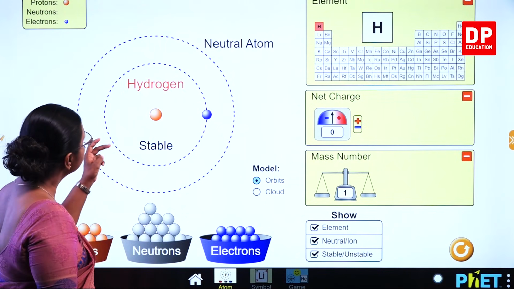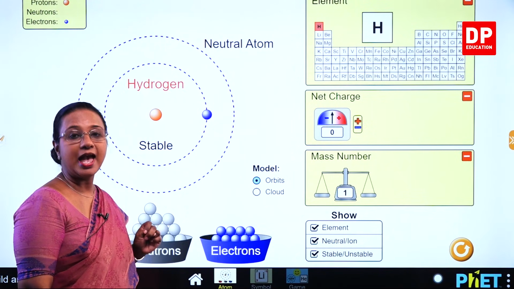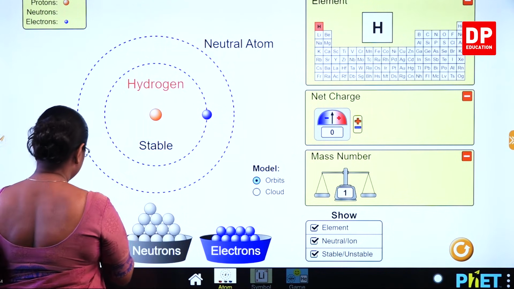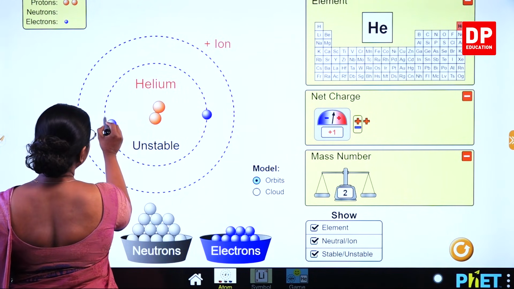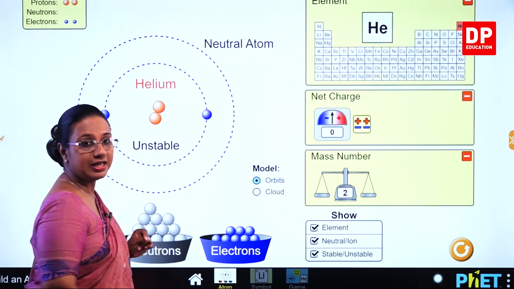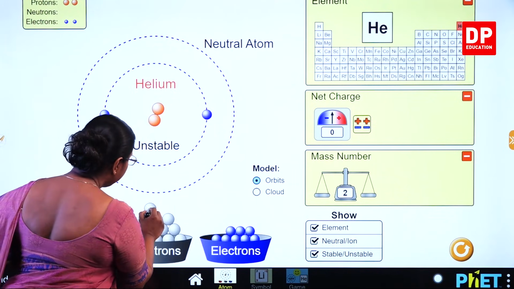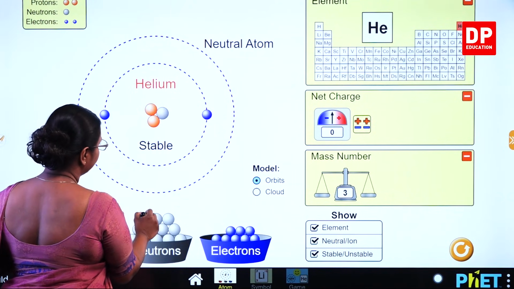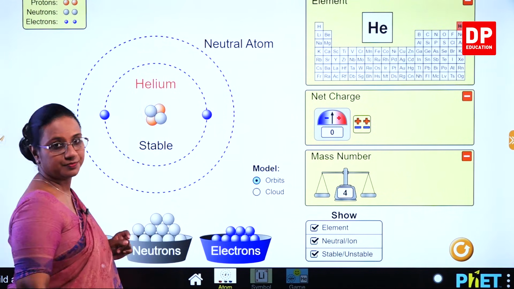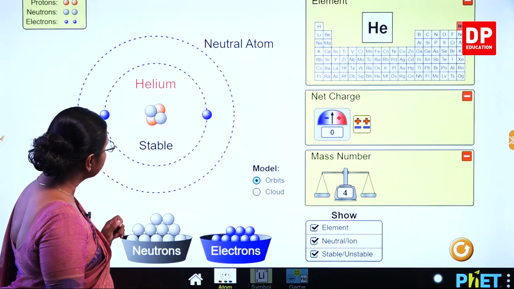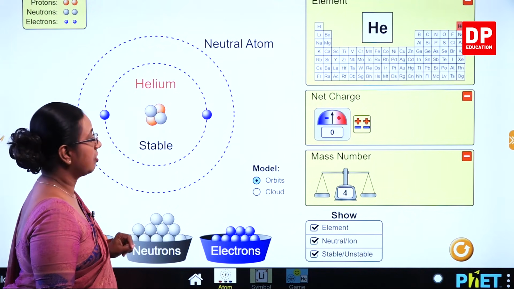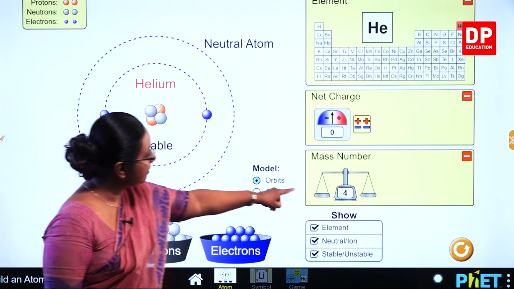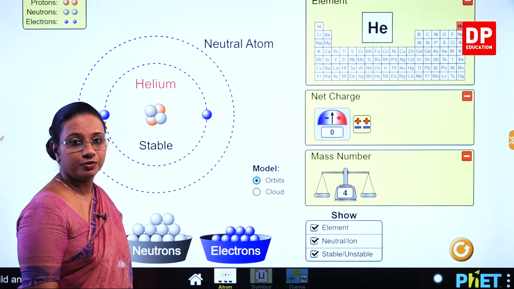This has two protons and two electrons. Two protons, two electrons, but still it is unstable because I have to include the neutrons. So in a helium atom, there are two protons, two neutrons. So therefore, the mass is 4.